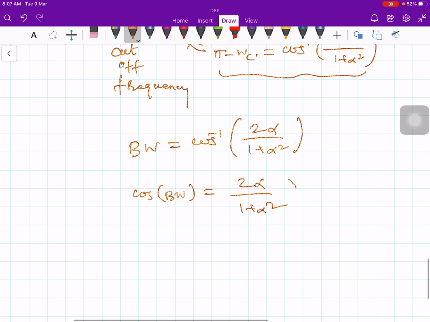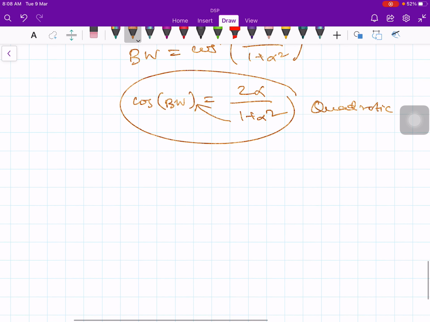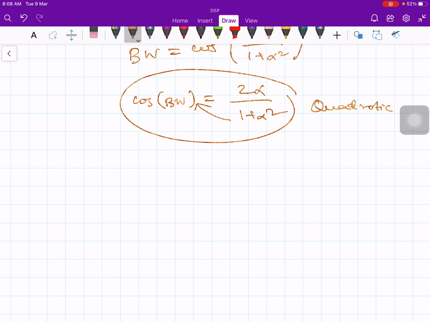If you cross multiply this and bring it to the left hand side, it becomes a quadratic equation, and you solve the quadratic equation in order to find alpha. Notice two interesting things can happen here, namely the first one is the two constants alpha and beta are independently determined.